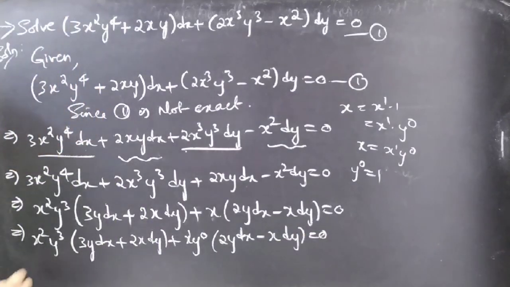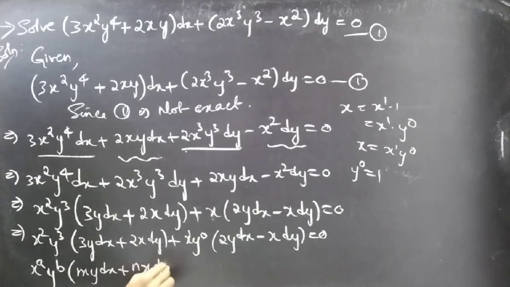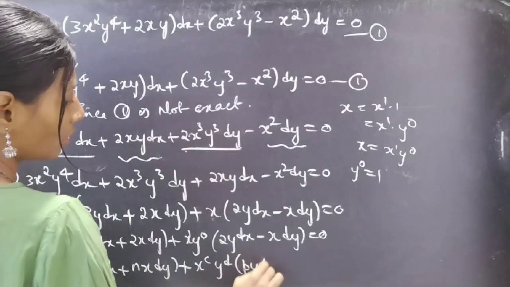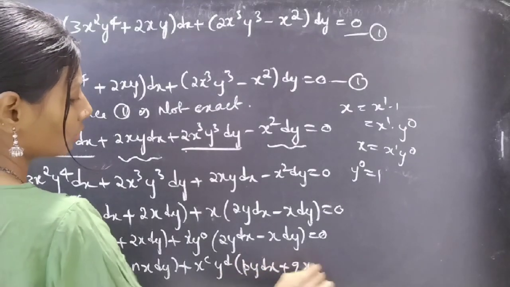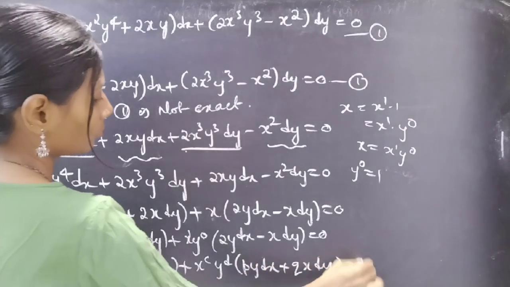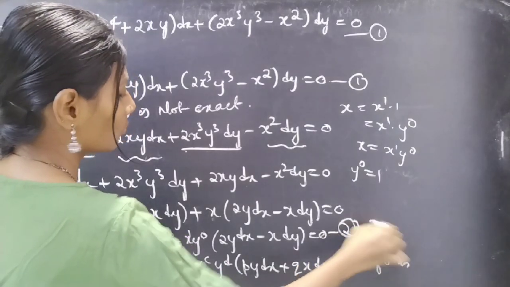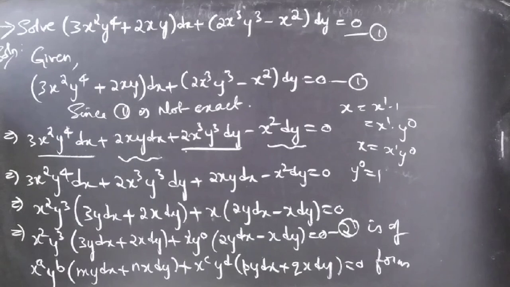This is of the form xᵃyᵇ(my dx + nx dy) + xᶜyᵈ(py dx + qx dy) = 0. Consider it as equation 2. Equation 2 is of this form, right?